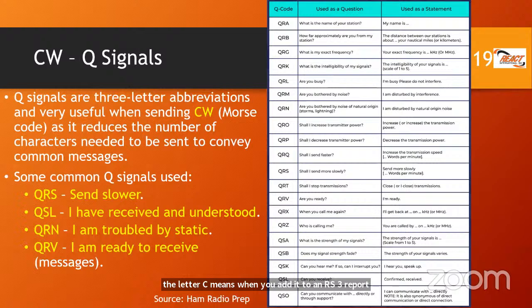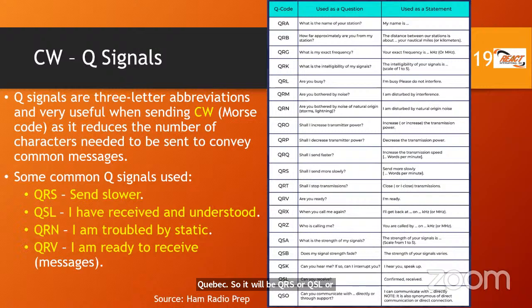So there's also another type of code, if you want to call it that. We call it the Q signals. Why do we call it the Q signals? Because it's a three-letter code, and they all start with the letter, you guessed it, Q, or Quebec. So it will be QRS, or QSL, or QRN, or QRV, all right?